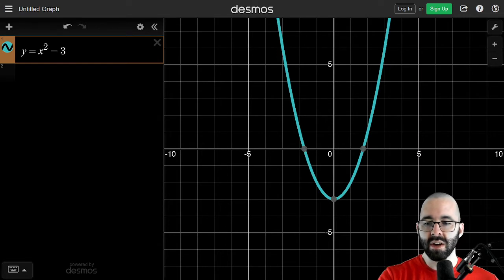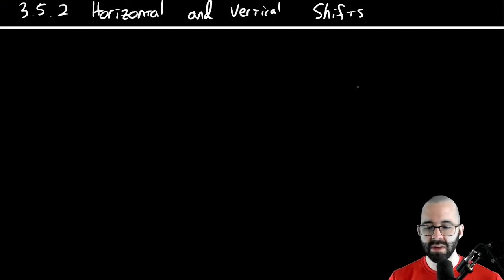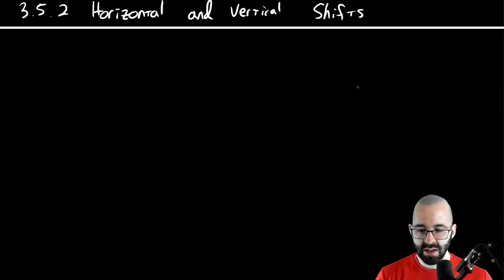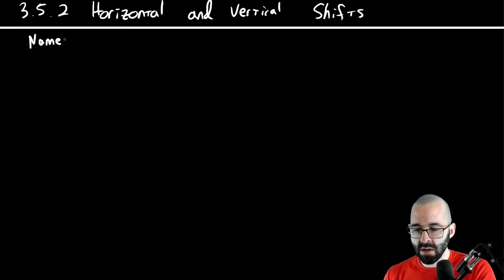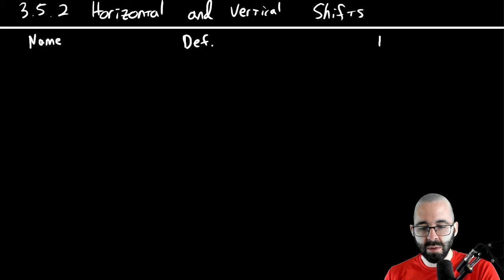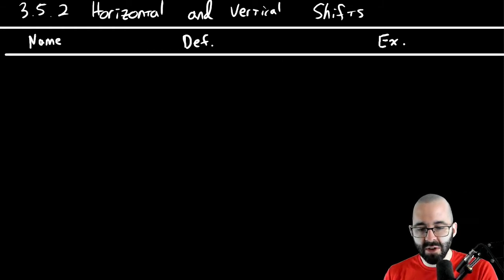Okay? We're going to start by making a giant table of a bunch of transformations. And in this table, we're going to have the transformation name, the definition, and a little example. So make a giant table in your notes. It needs to have 10 rows.